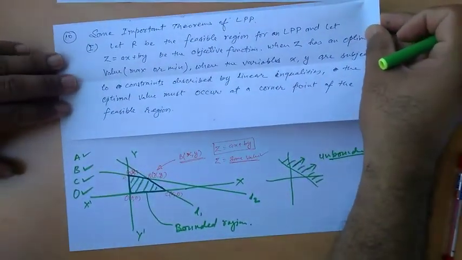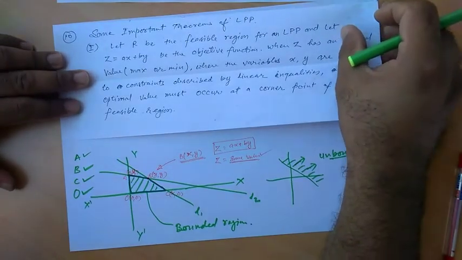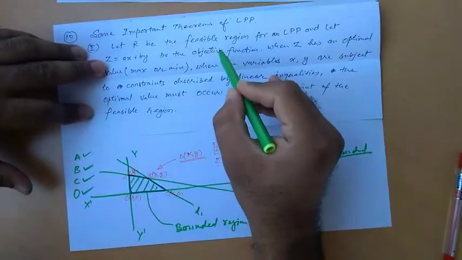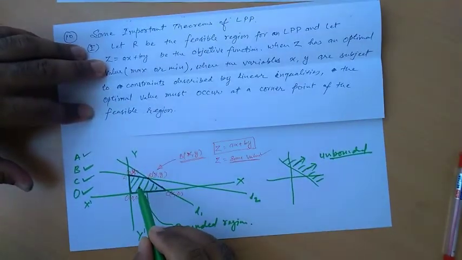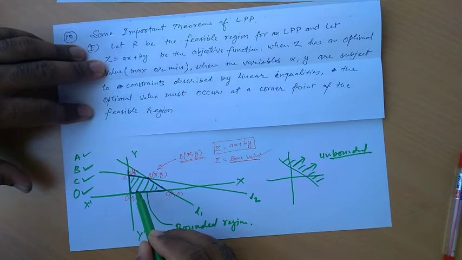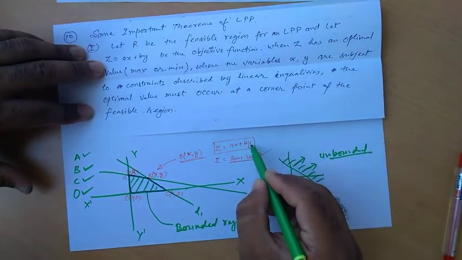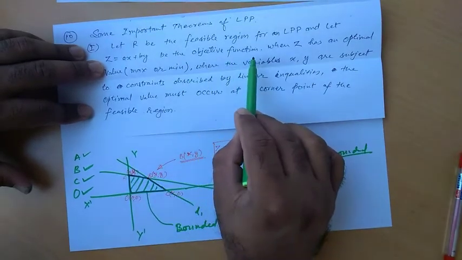We also have some important theorems on LPP. Theorem 1: let R be the feasible region for an LPP, and let Z = AX + BY be the objective function.